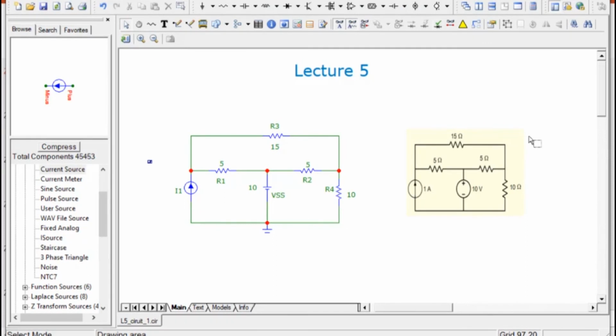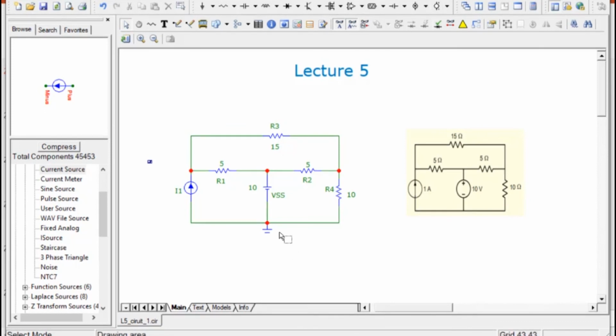I'm taking a circuit simulator called MicroCap, and this was one of the circuits that we discussed in our discussion here. This is just a picture, and this is the circuit that I've drawn in the simulator. You can pick up elements from a palette and make the circuit.